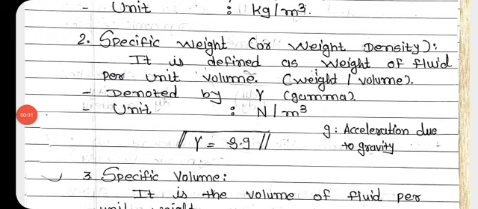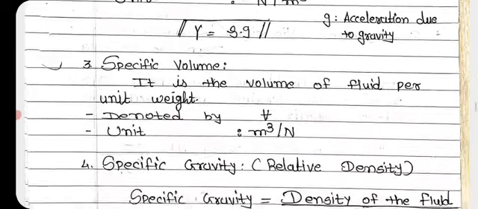So weight volume is Newton and volume having unit meter cube. So specific weight having unit Newton per meter cube. Specific weight is denoted by gamma. And the equation, if we are writing in terms of equation, gamma is equal to rho into g, right, where rho is the density and g is acceleration due to gravity.